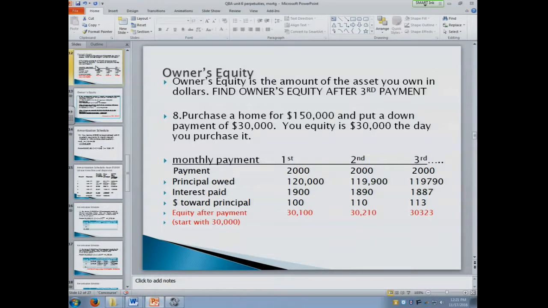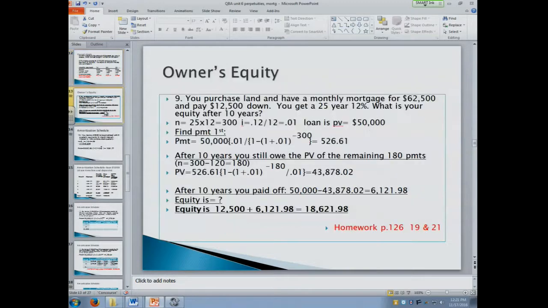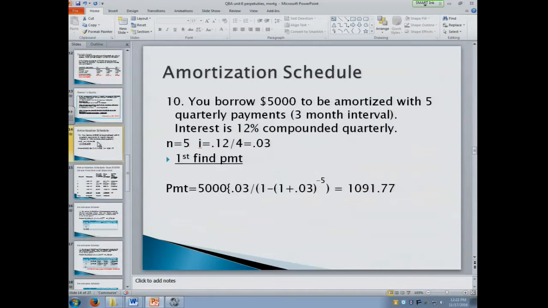I'm going to do a couple more amortization schedules for you because they're important for you to understand. Number 9, again, is your present value formula. I'm going to let you do that.